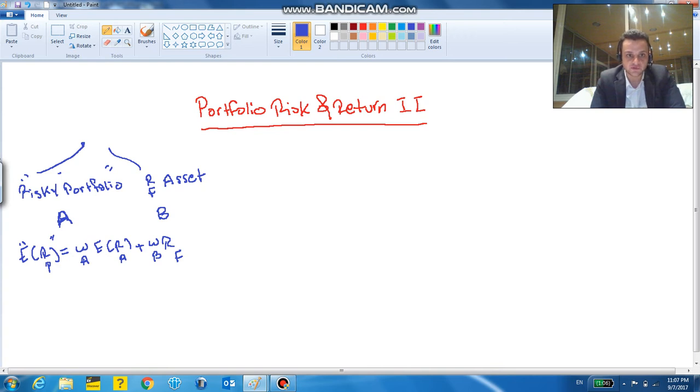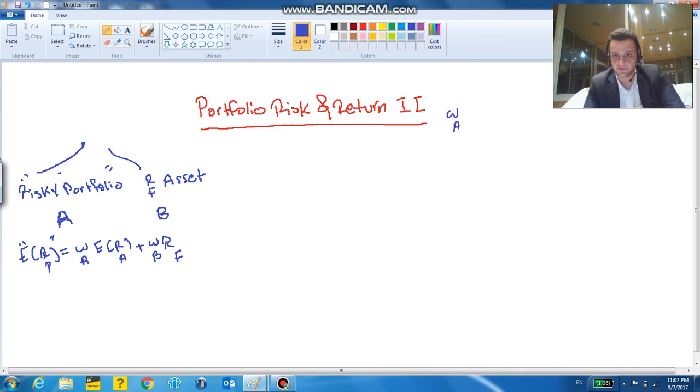We put the risk-free rate here because there is no expectation about it. There is certainty about this rate of return, so we plug it directly into the formula.